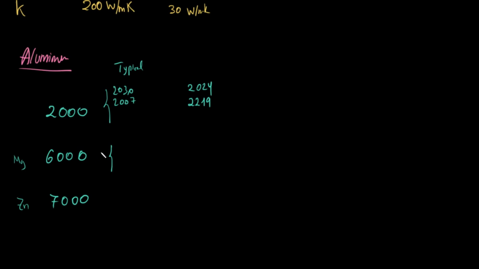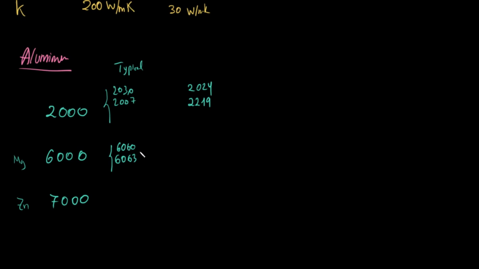So for the 6000 series, typical alloys are 6060, 6063. These are the standard alloys, the basic ones, but the ones you're going to find at any provider that sells aluminum.